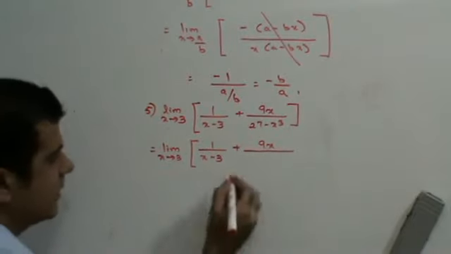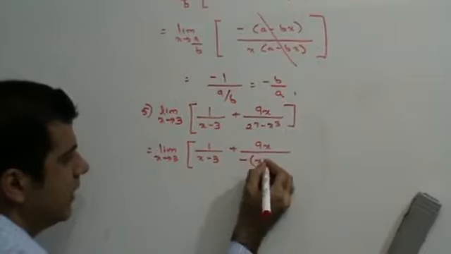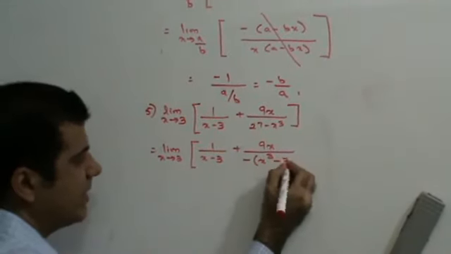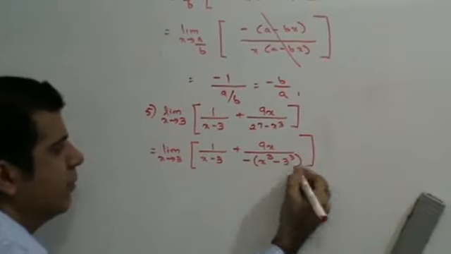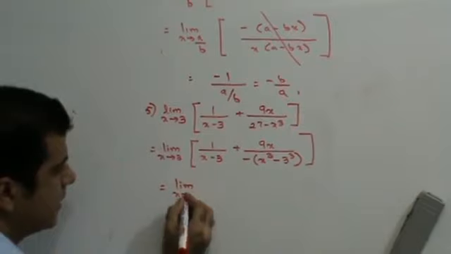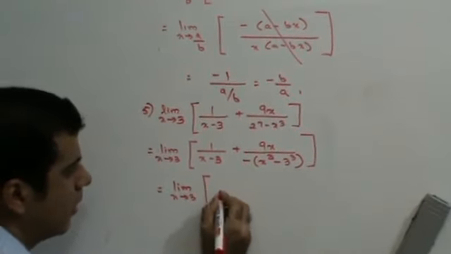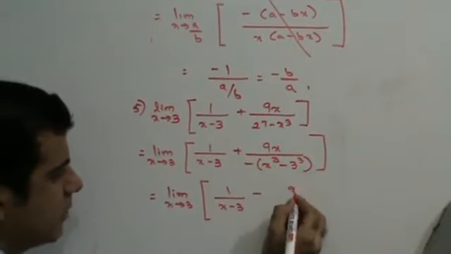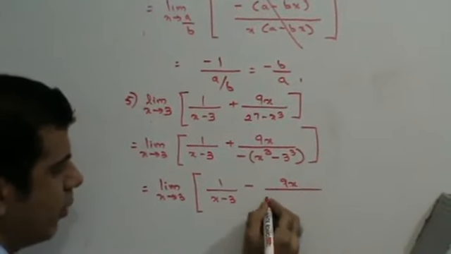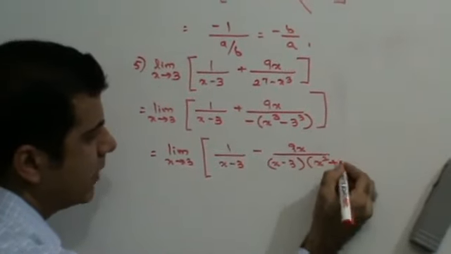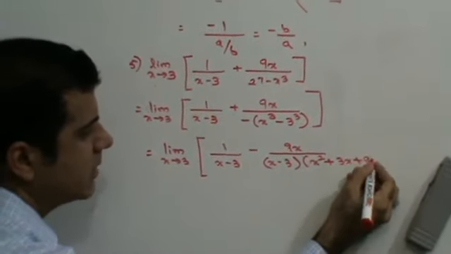You could take the minus sign common. So in that case, x cube minus 27 can be written with 3 cube. This can be written as limit of x tends to 3, 1 upon x minus 3 plus minus 9x upon x minus 3 into x square plus 3x plus 9.